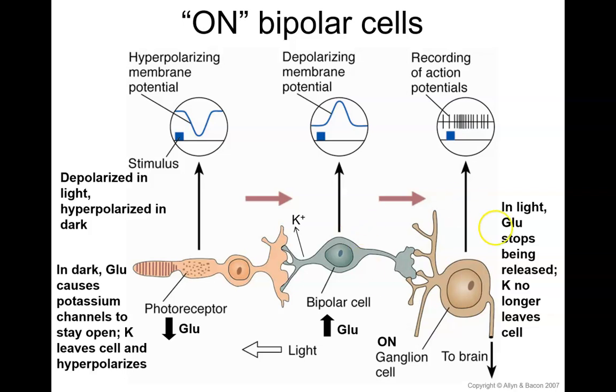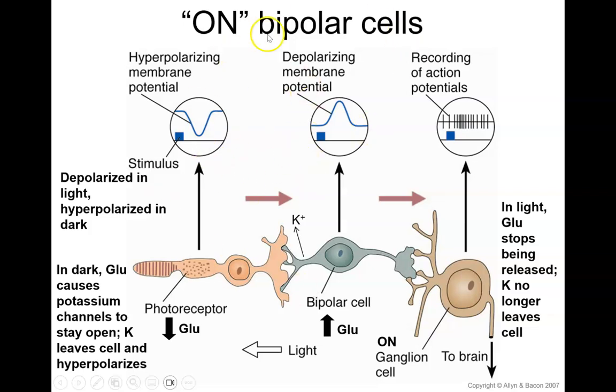And when glutamate binds to those potassium channels, those channels are going to open and potassium is going to leave the cell, and thus in the dark, potassium will leave the cell and the bipolar cell will hyperpolarize. So that's what's going on in the dark.